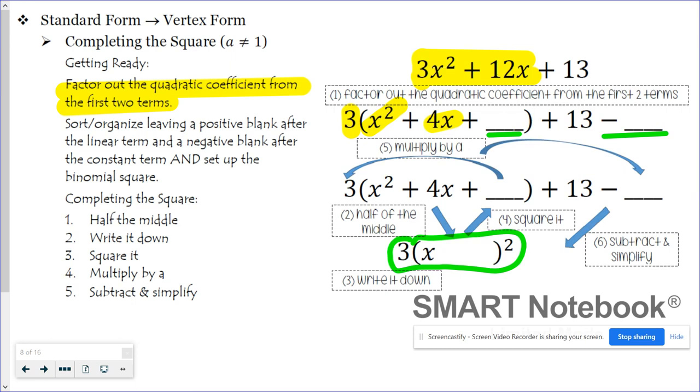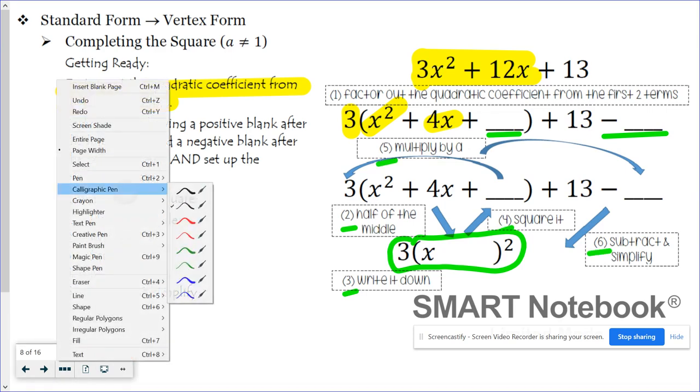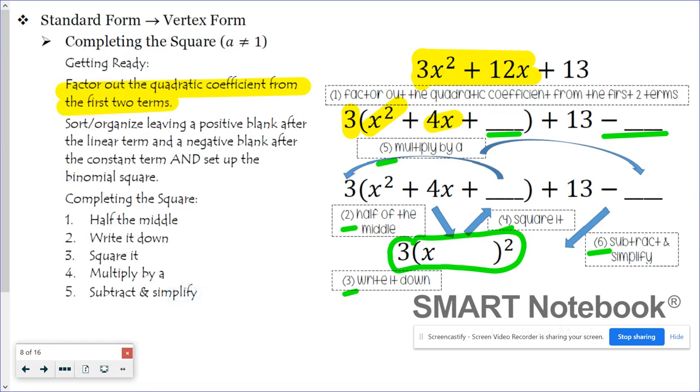The 5 steps to complete the square are still the same: half the middle, write it down, square it, multiply it by a, subtract and simplify. So this one would look like this. I've already done the factoring, so I'm just going to half the middle. Half of positive 4x is positive 2.